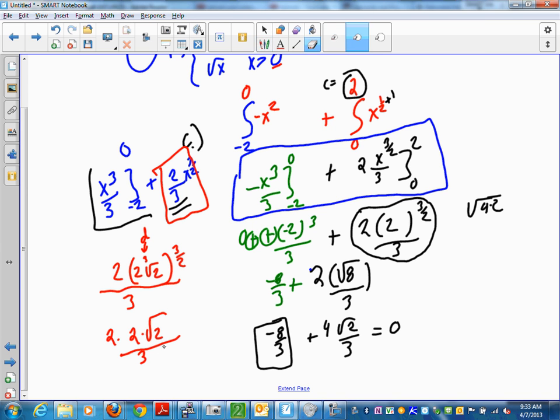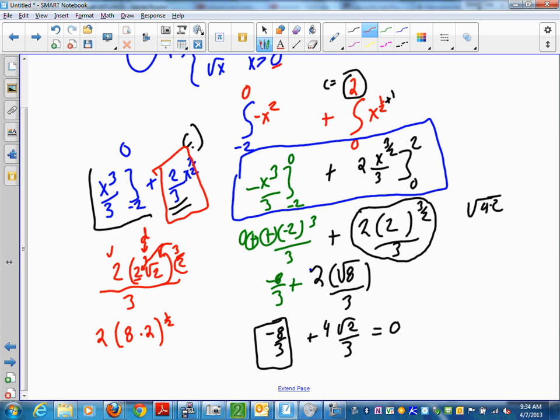I made a mistake, didn't I? What else do we need to do? We did have to cube this, but we also have to cube that 2 out in front. So let's do that. We have our original 2, this one. 2 cubed is 8. That's the leading one right there. And this is still equal to 2, and then we have to take the 1/2 power.